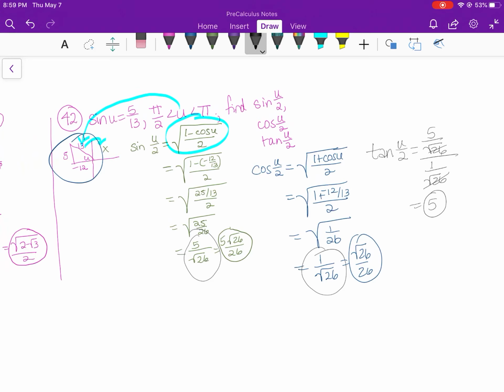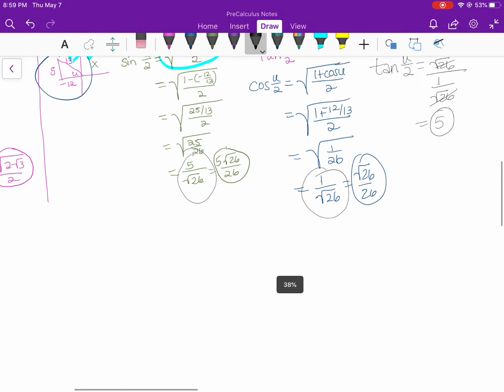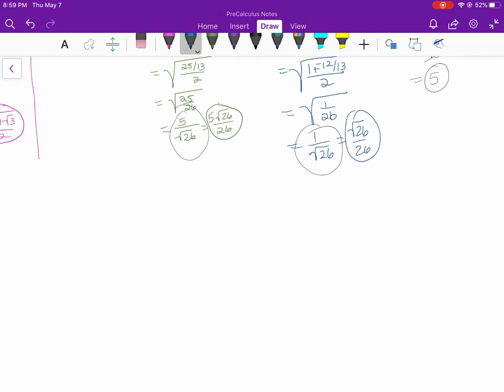Okay, the final thing I want to share with you is how to solve an equation from this part of the lesson. So some of you guys that are going into calculus will appreciate this. And this is the final part of the lesson. All right, so we have a half angle identity, we have cosine, we have sine, it's just kind of a mess.